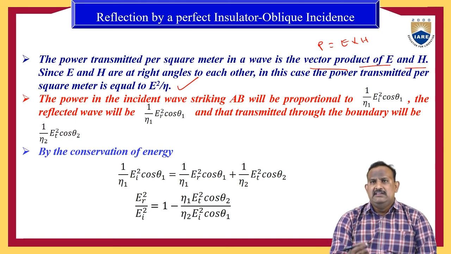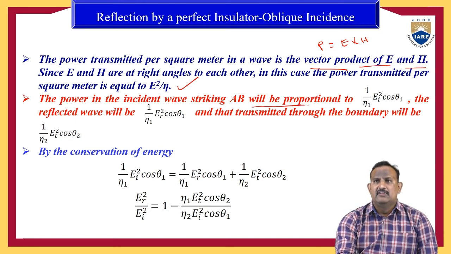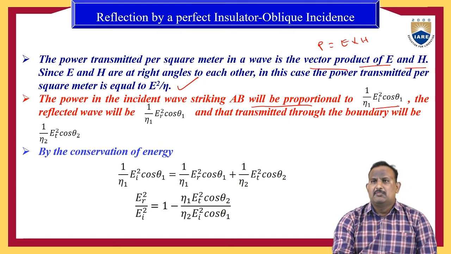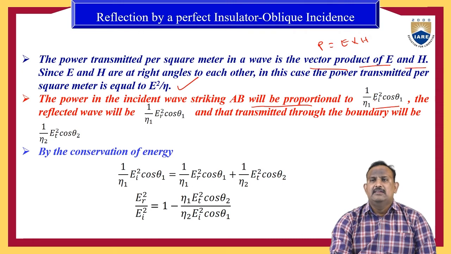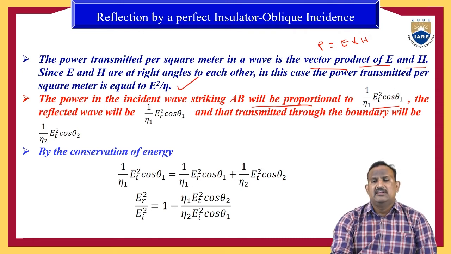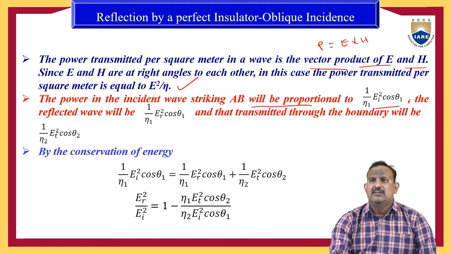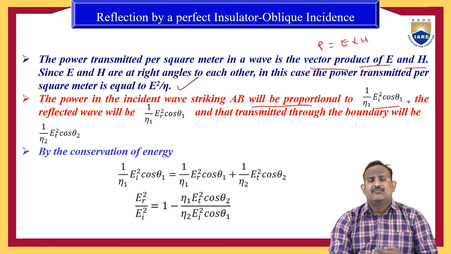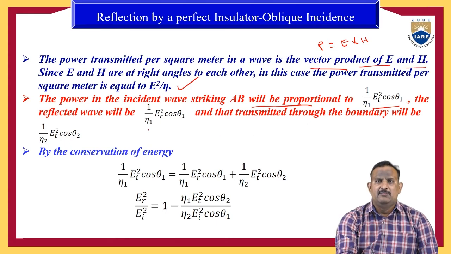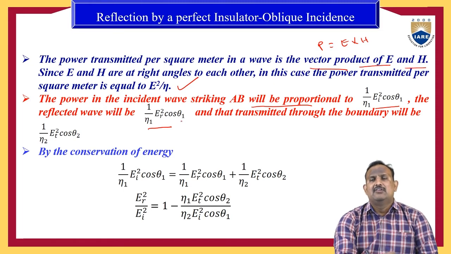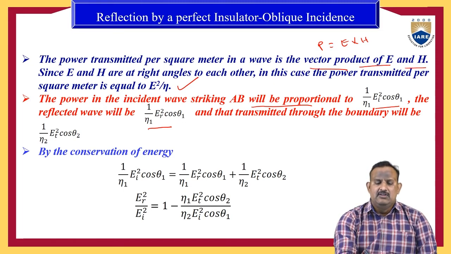Therefore, the power in the incident wave striking AB will be proportional to the incident power. The incident power is E square by eta. Because we have the angle theta 1 in the incident plane, it is EI square by eta 1 into cos theta 1, and the reflected wave will be 1 by eta 1 into ER square into cos theta 3, but theta 1 equals theta 3, so directly we can write 1 by eta 1 into ER square cos theta 1.